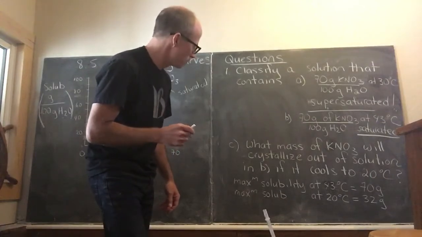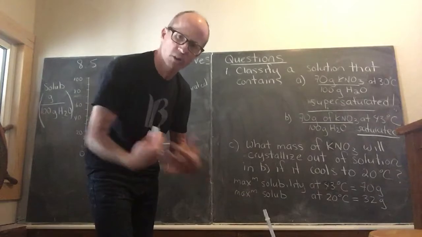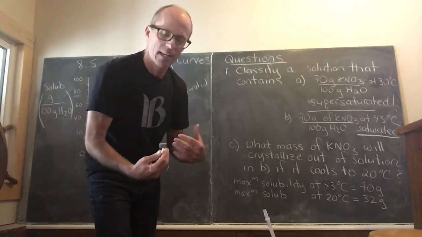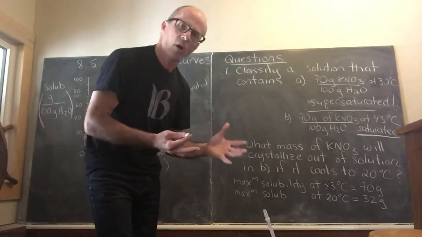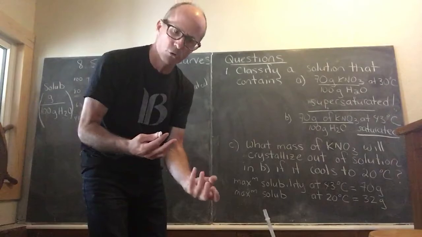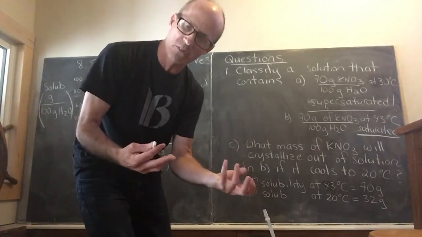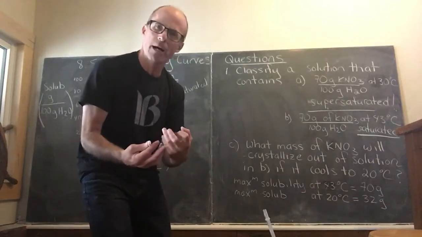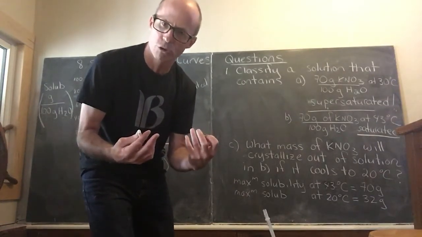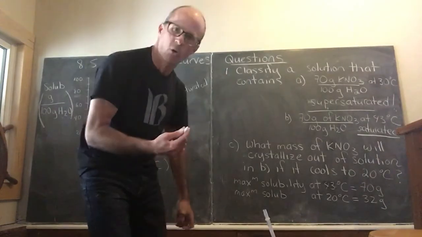So pretty easy. The last kind of question I want to go through with you involves shifting the x-axis, because we can change temperature and decide how much solid will actually crystallize out of solution when we cool it. So it's not really the same as a precipitation, if you will, but it looks the same, because as you cool a supersaturated solution, you'll actually see crystals coming out as we cool it down.